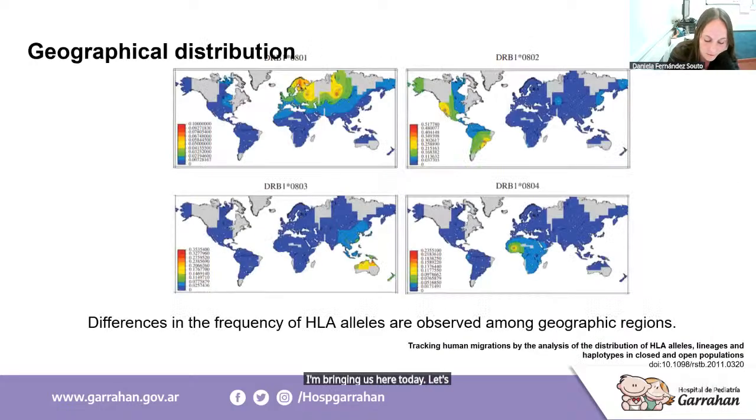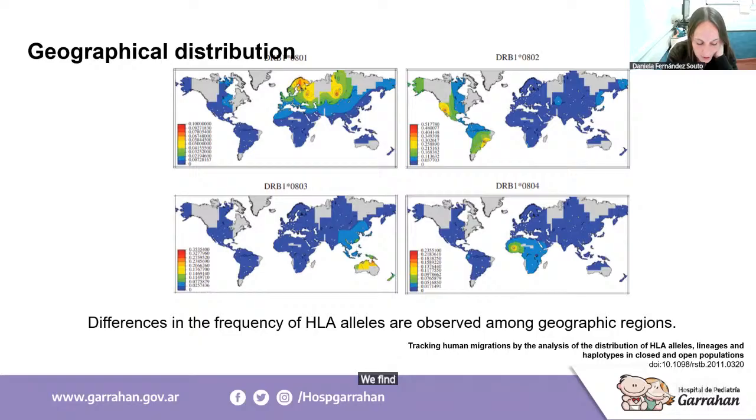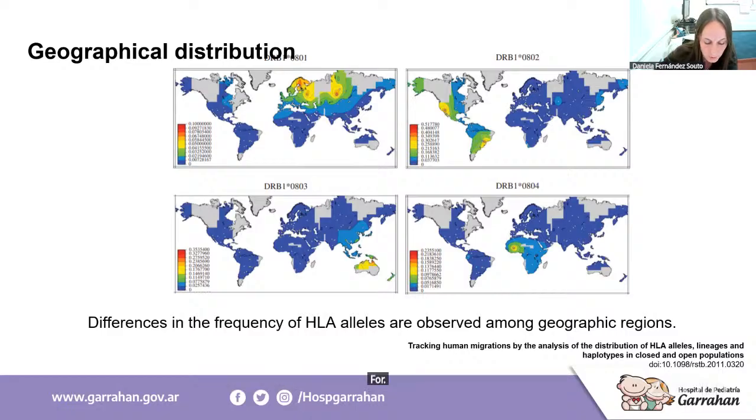Let's look beyond function, and let's look at their geographic distribution. When we analyze the frequencies of HLA alleles across different regions, we find significant variations depending on the population and the area studied. For example, here we show a distribution of 4 DRB1 alleles worldwide.